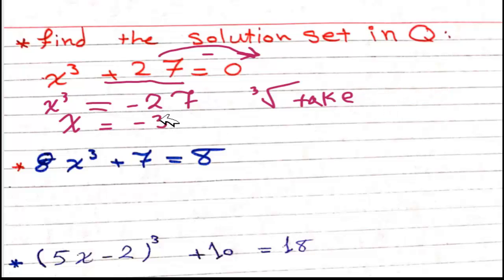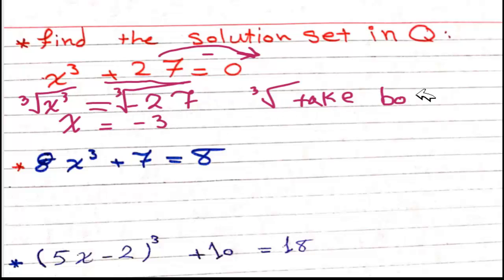Why? Because 3 multiplied by 3 by 3 is 27, so negative 3 by negative 3 by negative 3 is negative 27. So I have to take the cube root on both sides.